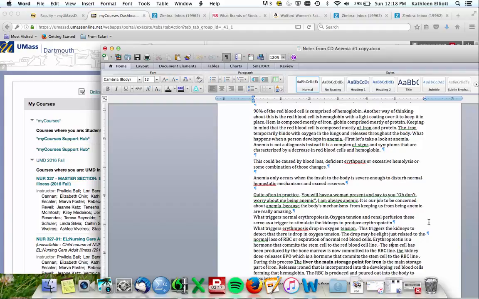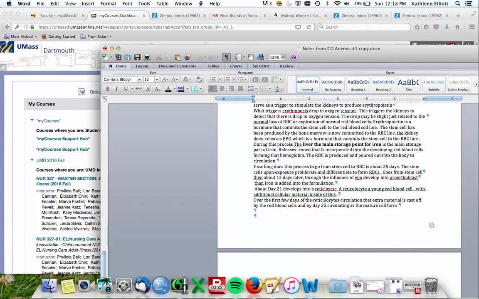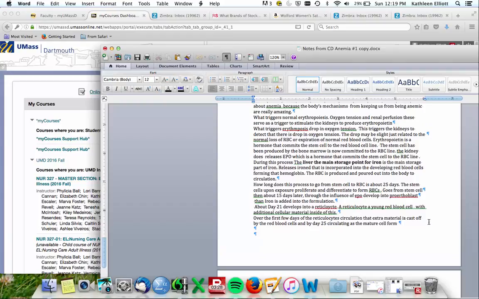We go back to pathophysiology. We look at what triggers normal erythropoiesis, and that is oxygen tension. When oxygen tension and renal perfusion are down, this serves as a trigger to stimulate the kidneys to produce erythropoietin.